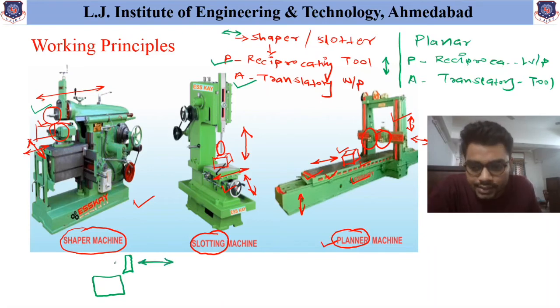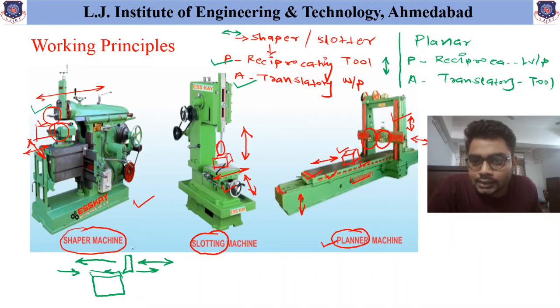As one can see, when the tool moves in the forward direction, it removes the material from the workpiece, but during the return stroke it will not remove the material, but it might come in contact with the workpiece, which deteriorates the surface finish of the workpiece.